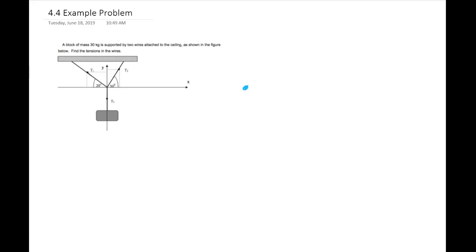So let's start. And I'm going to draw actually two different free body diagrams. For the first one, it's very simple. I know I have the weight of the block downward. And then the tension in wire 3 is supporting the block and keeping it from falling. In fact, the tension in wire 3 has to fully support the block because there's no other wire directly connected to that block.